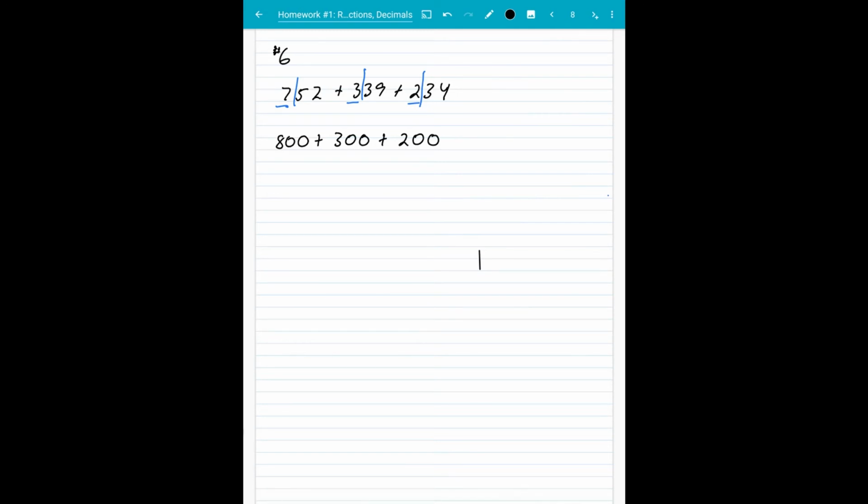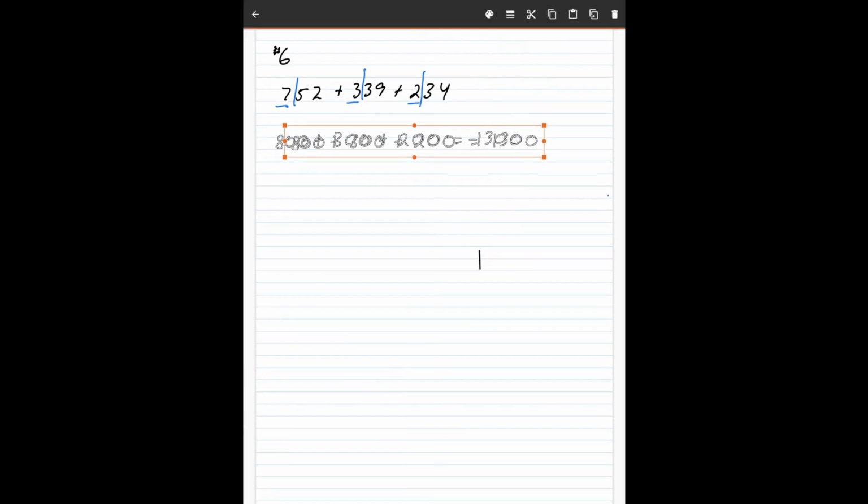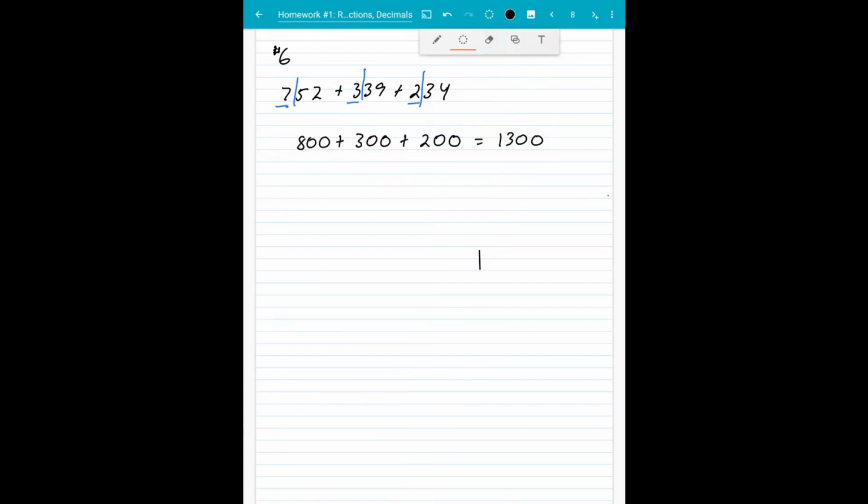You would then add up all those, and that makes 1,300. Let me scoot this a little bit to the right. Whenever we're rounding, I'm going to put this little squiggly equal sign. A squiggly equals means it's about equal to. It shows that we rounded and we estimated.